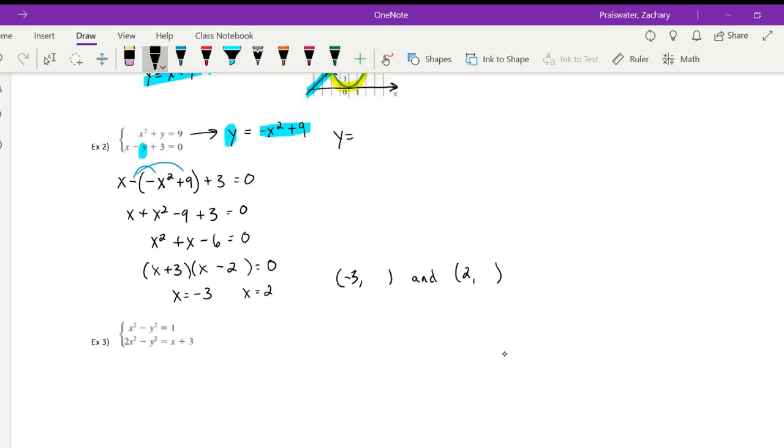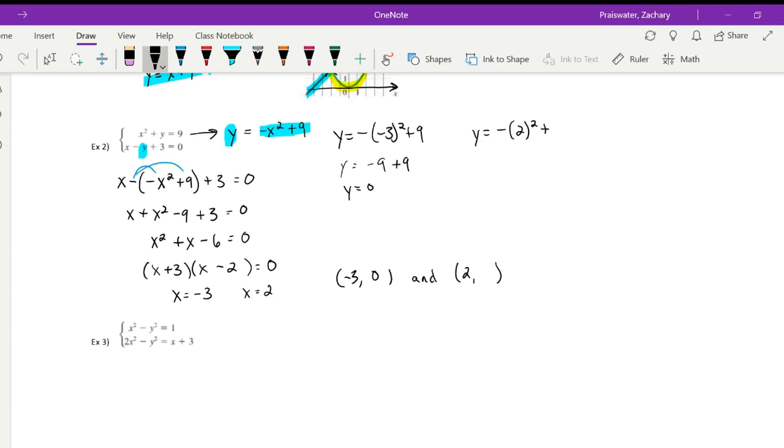So if y is equal to -3 squared plus 9, then this is +9, but then it's negative, so it's actually -9 in the end, plus 9. So this gives you y is equal to 0. So that 0 will go here. And then plug in 2.